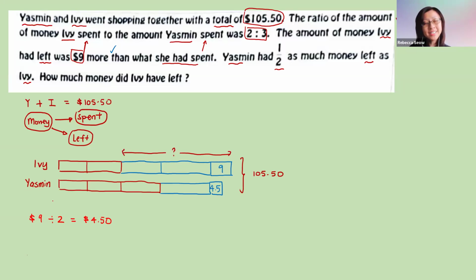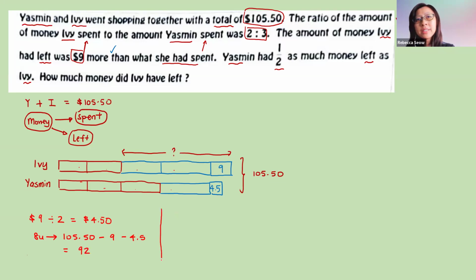With all this information written in the model, let's go down to finding 1 unit of this model. We can see that there are 1, 2, 3, 4, 5, 6, 7, 8 units. It would be $105.50 take away $9, take away $4.50, and that would give us $92.